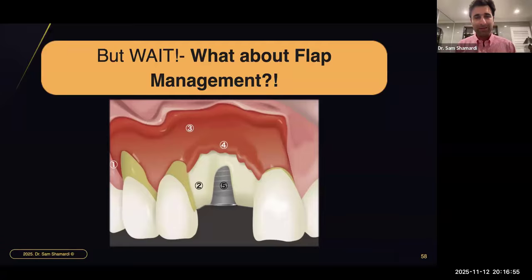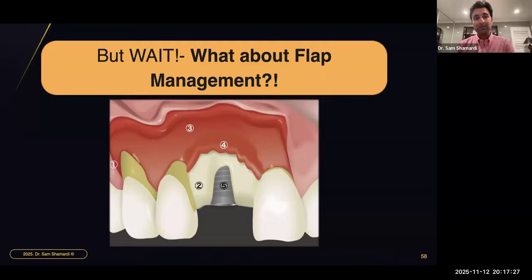But the take home for everybody is anytime you extract a tooth, if you've identified a fenestration or a dehiscence, you have to be able to access the base of it, and you have to be able to access several millimeters beyond the apex of where that defect is in order to, number one, be able to clean out all the infection that's there. But number two, to then be able to make sure that your graft and membrane material are able to cover the entire length of that defect and not only a part of it.